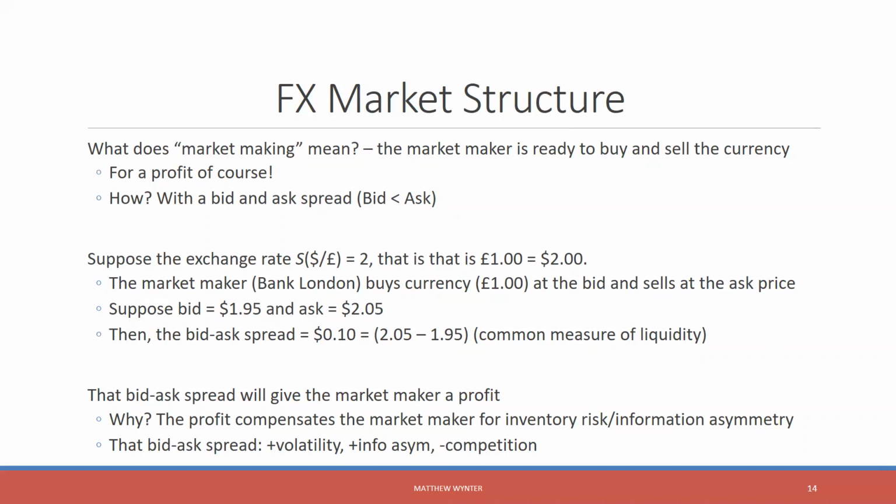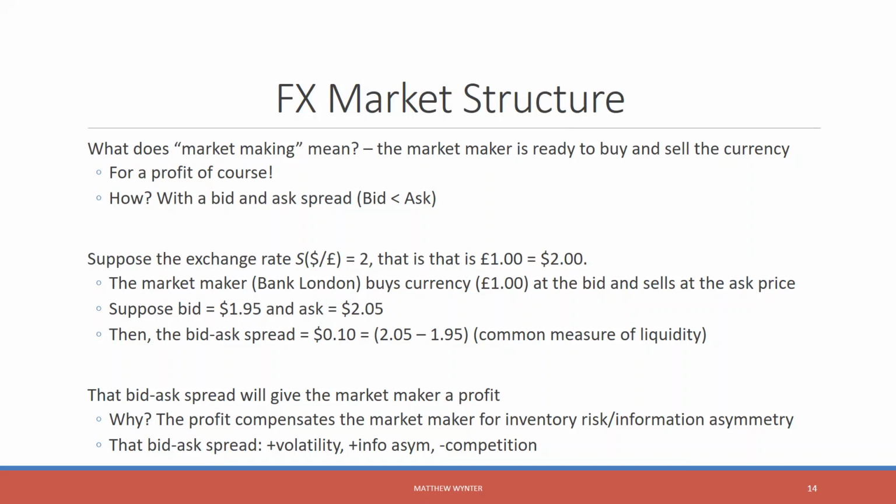Buy low, sell high. Hopefully we can automatically see that there's a spread between the price that the market maker is willing to buy and then the price that the market maker is willing to sell. That spread, the difference in prices, is called the bid-ask spread. So in our example, our bid-ask spread is 10 cents. That's massive. Hopefully you won't see a bid-ask spread that big for Forex.